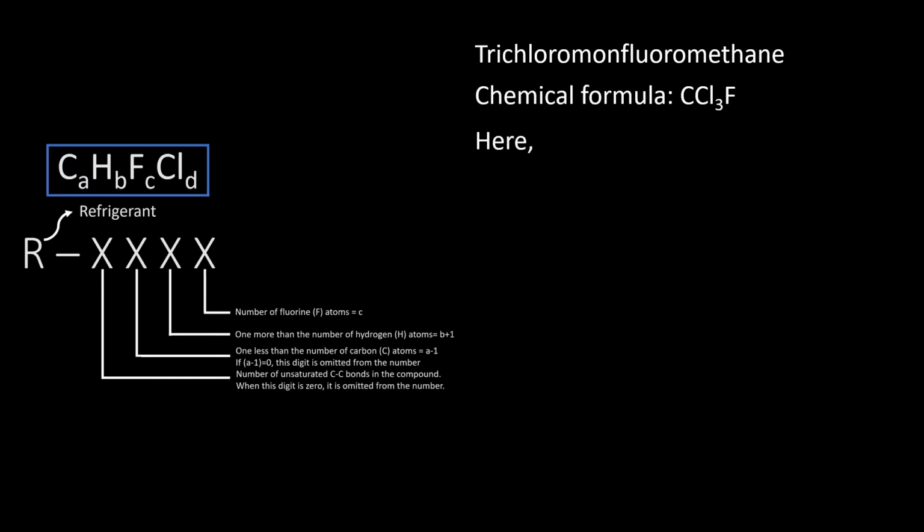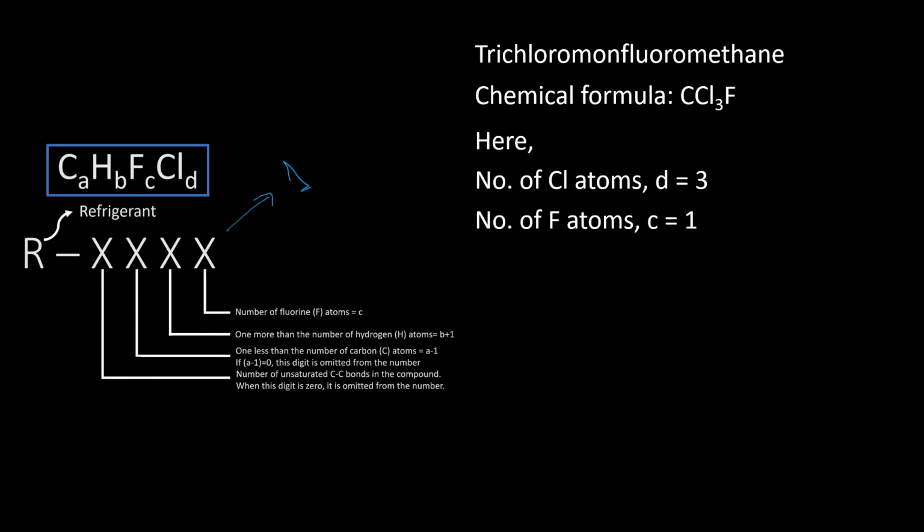Thus, the number of chlorine atoms in this compound is 3. The compound has 1 fluorine atom, so the first digit on the right becomes 1. The compound also has 0 hydrogen atoms. This makes the second digit from the right also equal to 1.